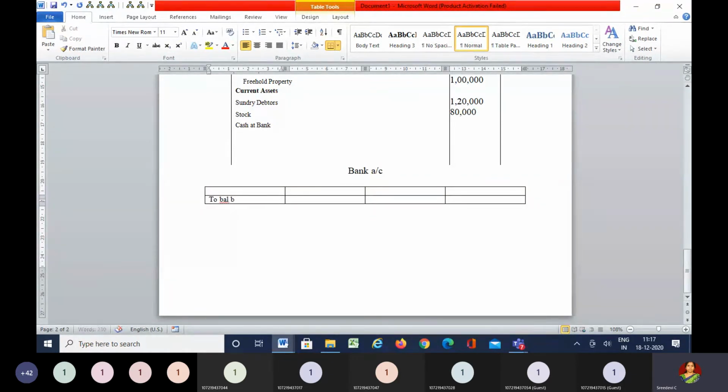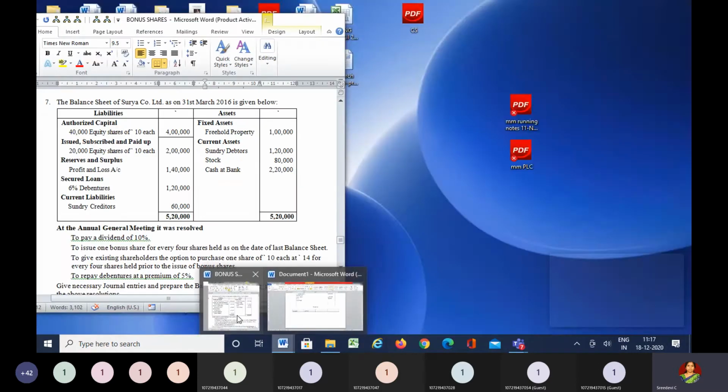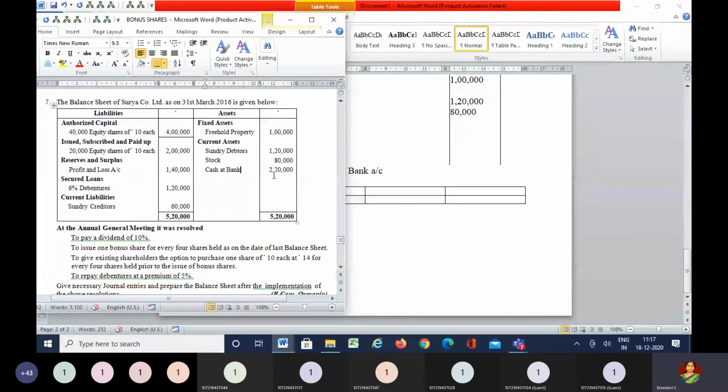What was the balance there? 2,20,000, right? Yes, so the bank balance is 2,20,000. That is the opening balance.